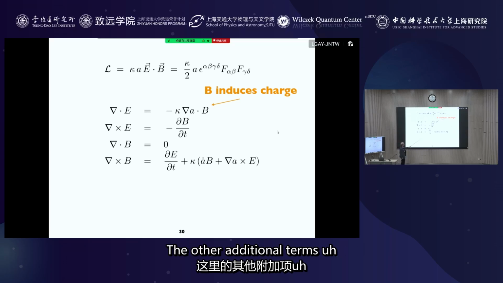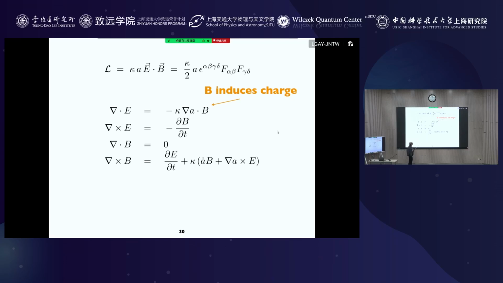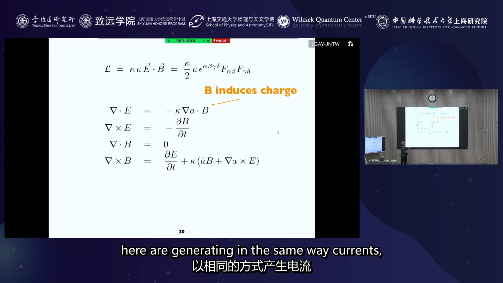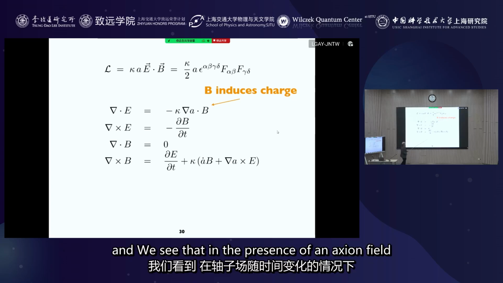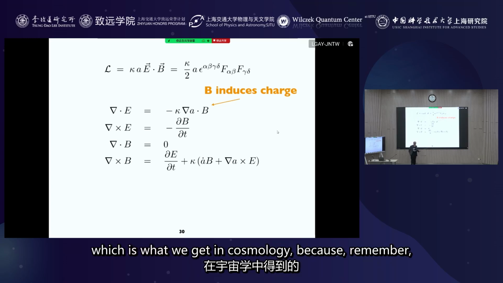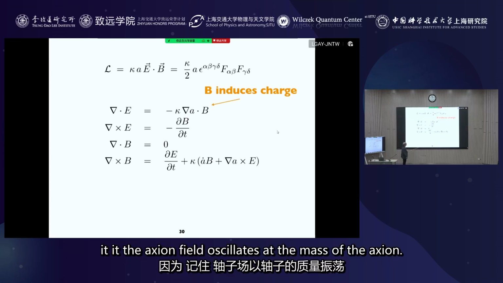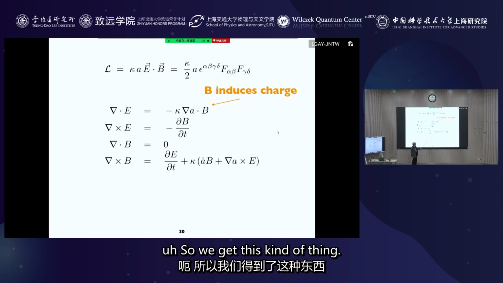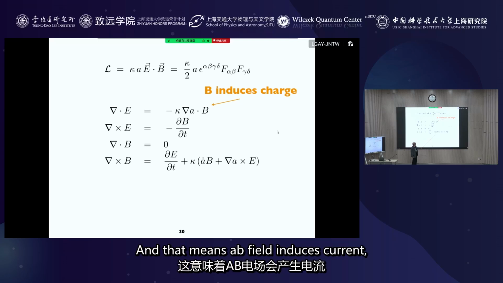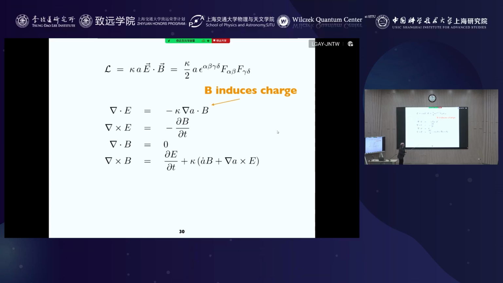The other additional terms here are generating in the same way currents, on the right-hand side of the del cross B equation, and we see that in the presence of an axion field that changes with time, which is what we get in cosmology, because remember, the axion field oscillates at the mass of the axion, a B field induces an electric current.